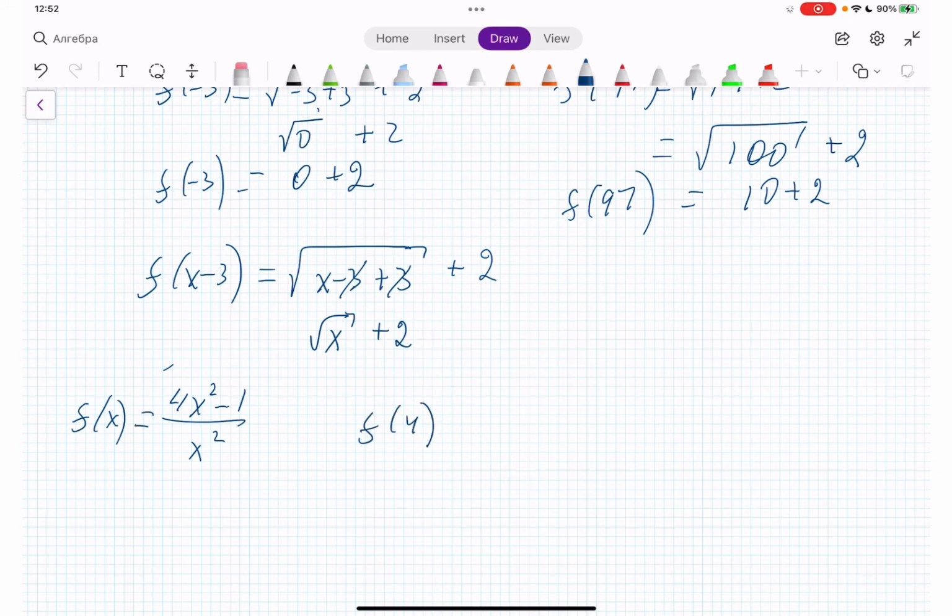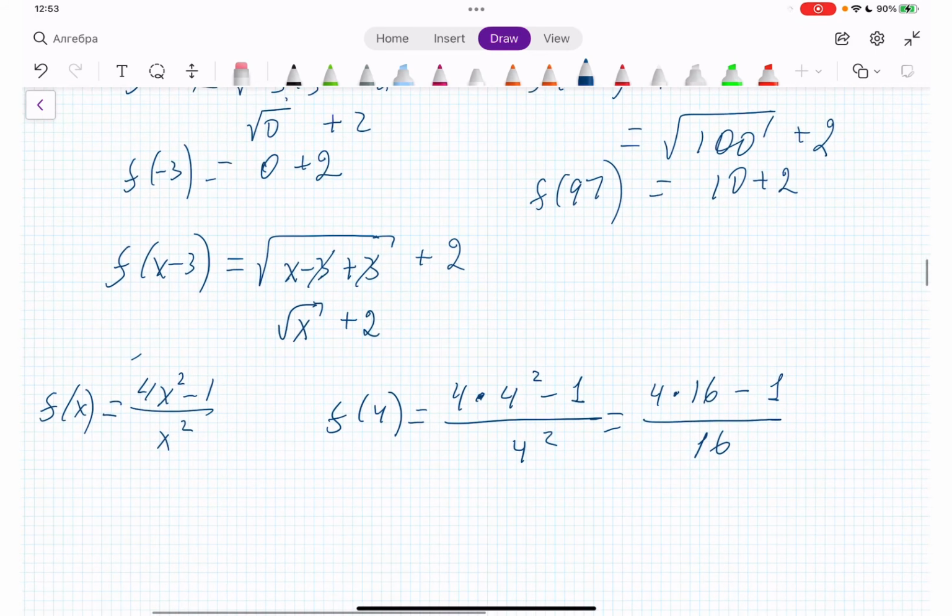f of 4 is equal 4 times, instead of x, I'm plugging 4. 4 squared minus 1. And x squared is going to be 4 squared. Let's solve it. 4 times, first I'm raising to power 2. 4 squared is going to be 16. And then minus 1. 4 squared is 16.